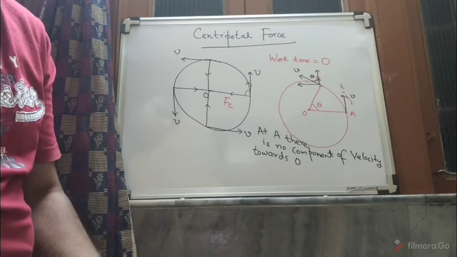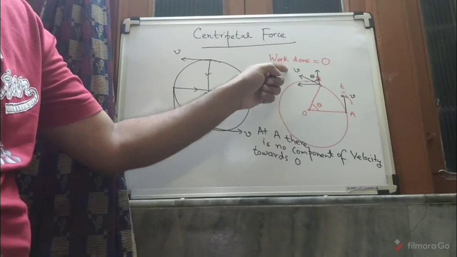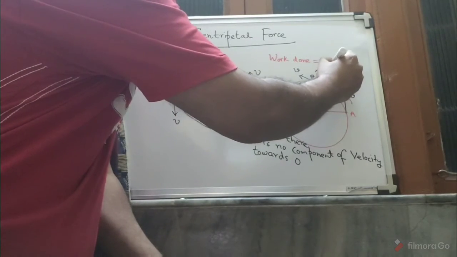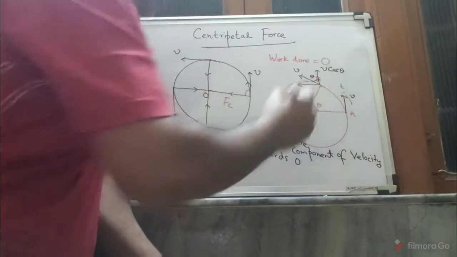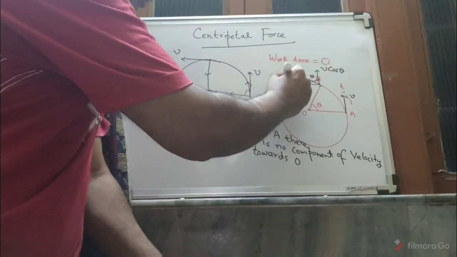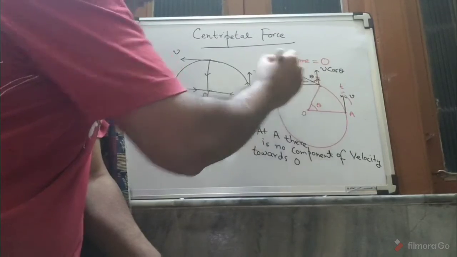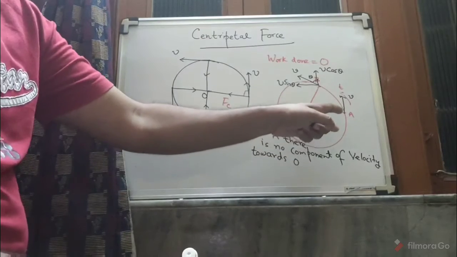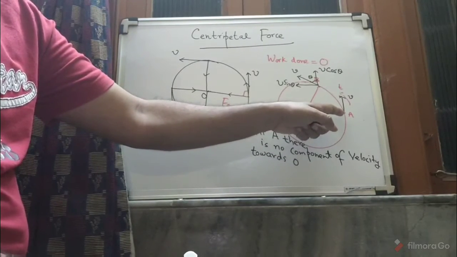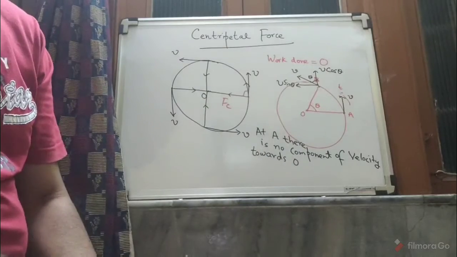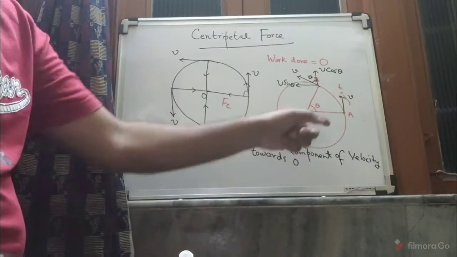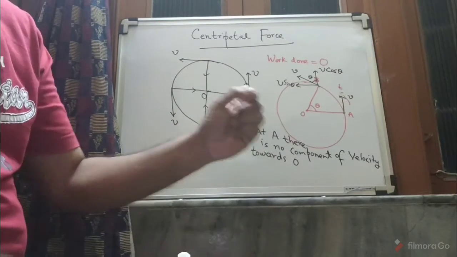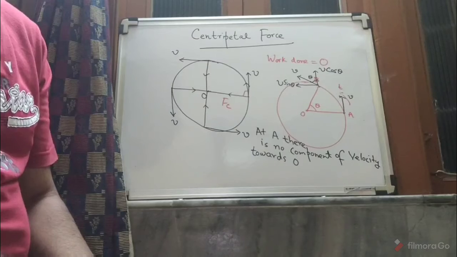Now if you resolve this velocity into two components, the parallel component is v cos theta and the perpendicular component is v sin theta. Now when you go from A position to B position, the angle made by the particle with respect to the center O is very small.